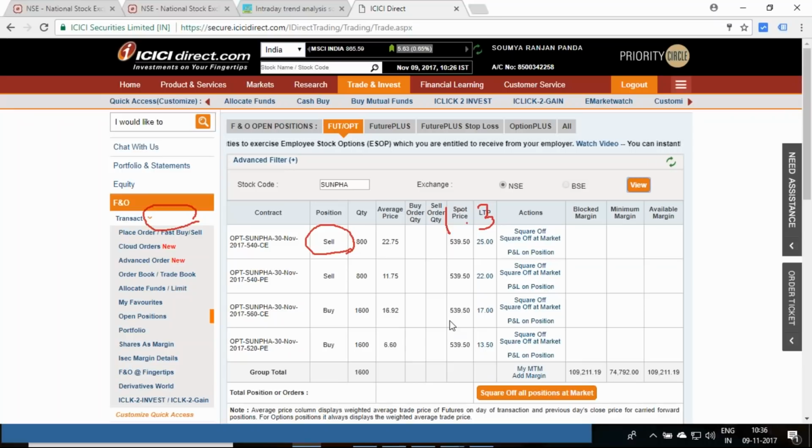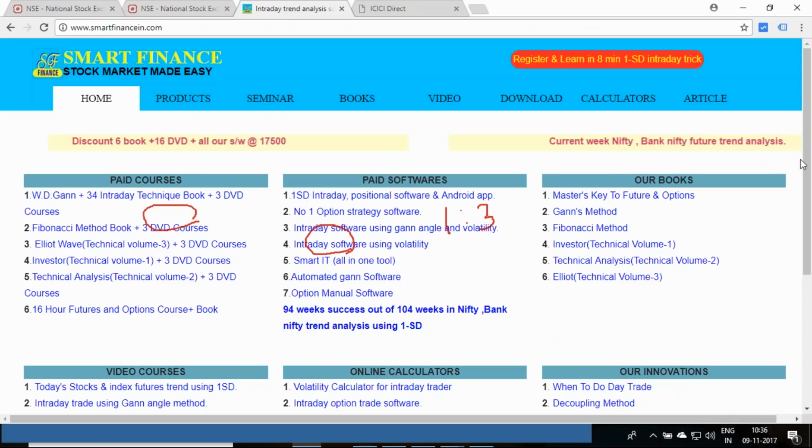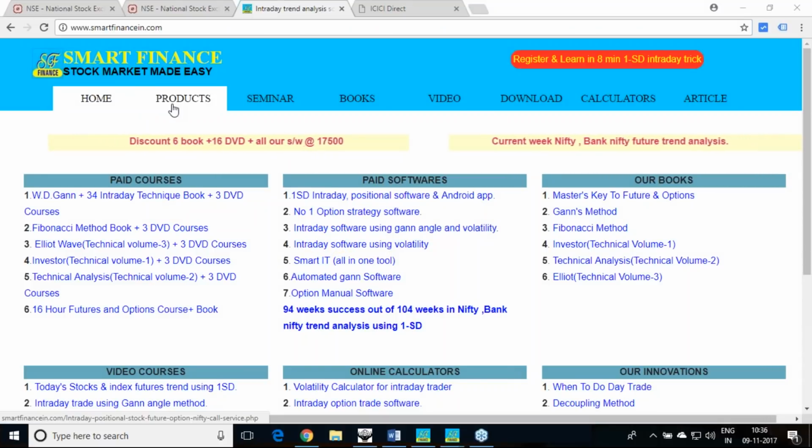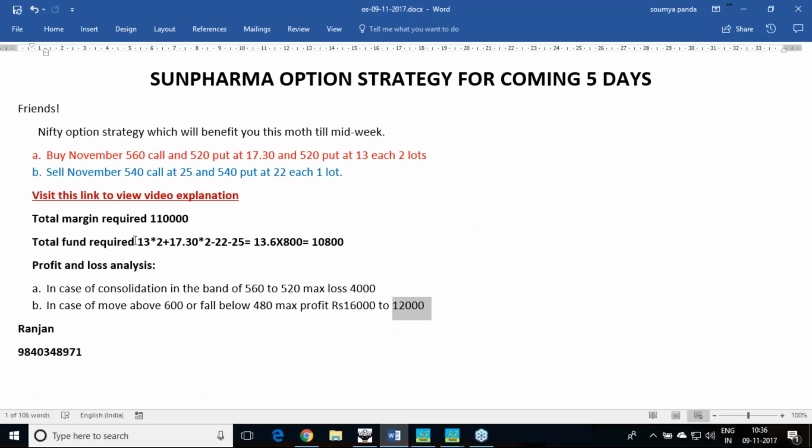If you initiate this, 1,09,000 margin is required. So these are our profit and loss liabilities. With option strategies you can make good gains provided you analyze them properly. You must say that we are still risk neutral.